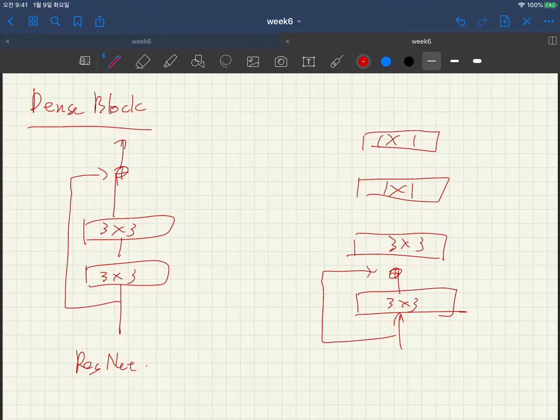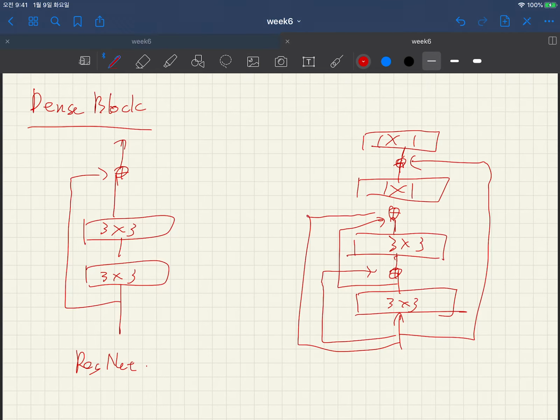So here is a shortcut, another shortcut here, with all the bottom layers' signals. Add a lot of shortcuts here.